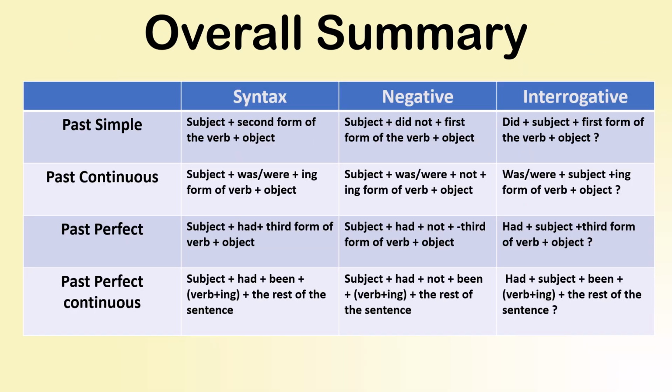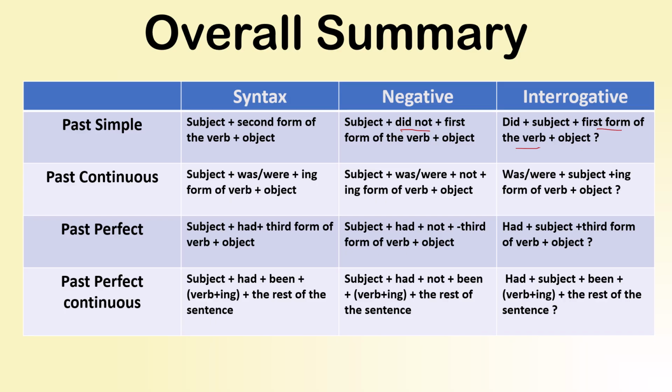Now, here is a whole summary of the past tenses. Past simple syntax: subject, second form of the verb, and then the object. Negative: subject plus did not, then the first form of the verb, and then the object. Interrogative: did, subject, then the first form of the verb, and then the object. Question mark.